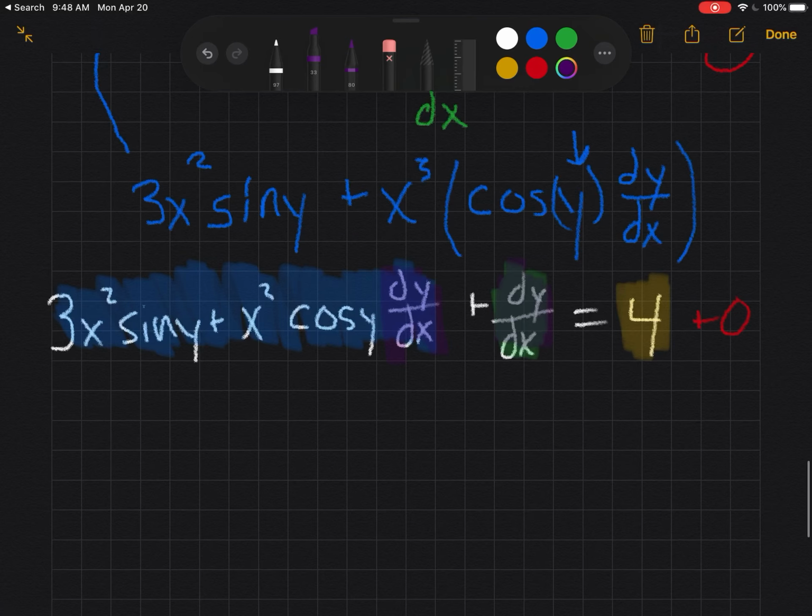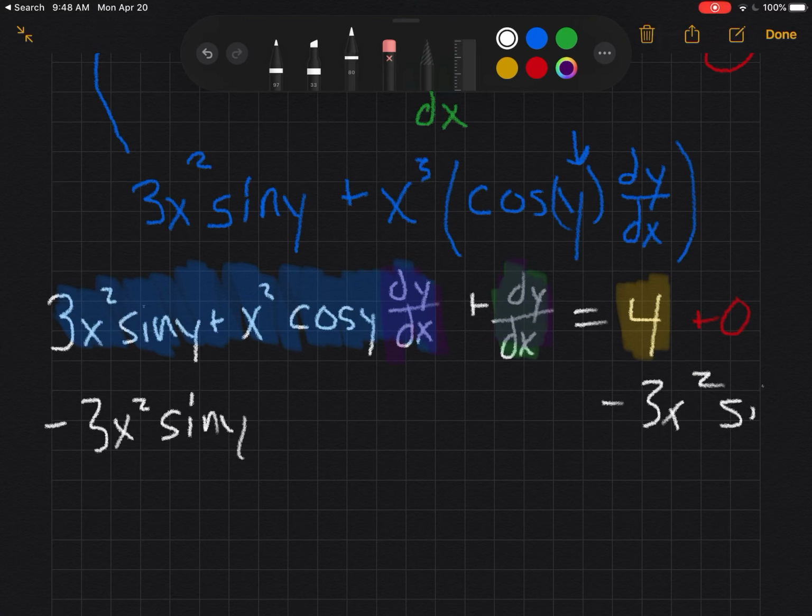So what you might have noticed is that in our next step, we want to solve for the differential operator. So we want to solve for this dy dx here, but we have it in two places. So what we're actually going to do is use factoring and grouping to get that differential operator out.